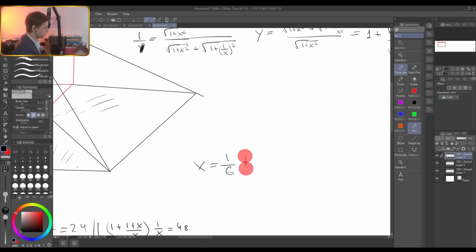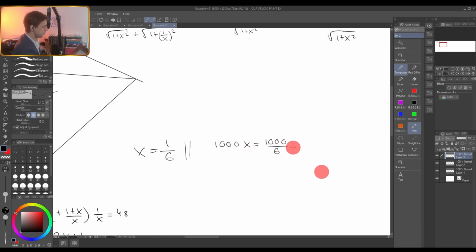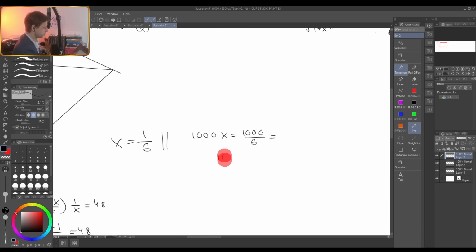Okay, so the greatest integer that doesn't exceed 1000x. So 1000x equals 1000 divided by 6. Let's divide it. Well, we can do it in a regular way. Divided by 6. 1 minus 6. 40, 6 minus 36, it will be 40, it will be 166.